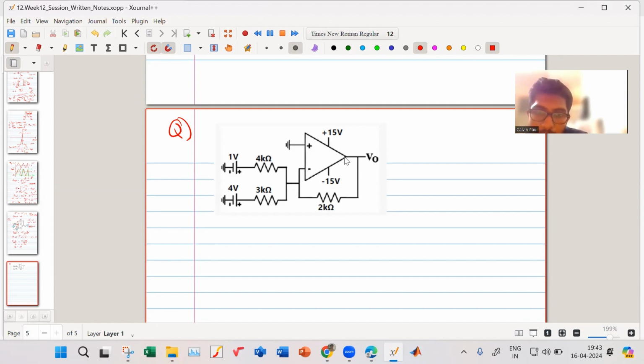Firstly, there is no virtual ground concept. Why? There is no voltage provided to the V plus terminal. You said it's only applicable when both the V plus and V minus should be equal. No, your virtual ground concept is applicable, right?